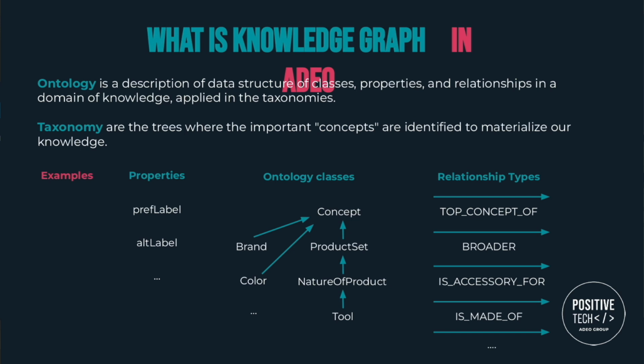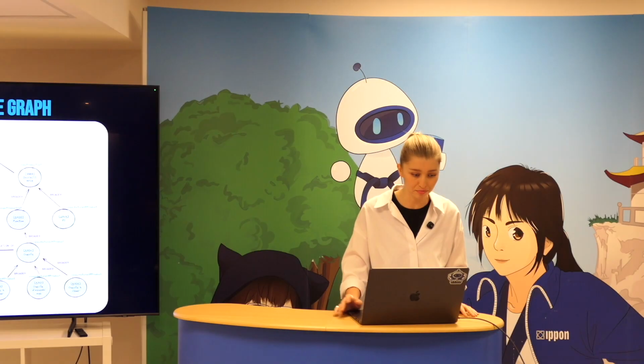And there are infinity of the relationships in the knowledge graph. It can be the broader, it means like belongs to, accessory, made of, for installation, anything. It depends on the number of ontology classes and the types. We have a lot. It's brands, colors, product sets, effects, product series, typologies, etc.